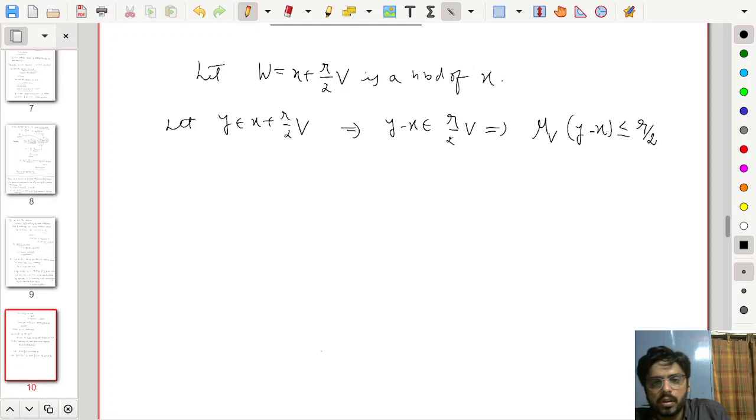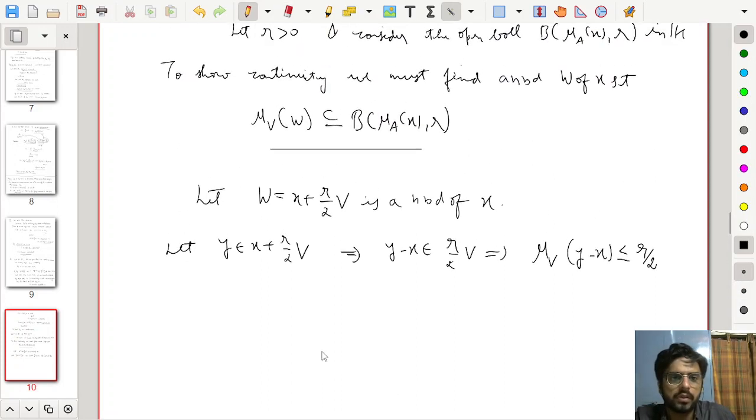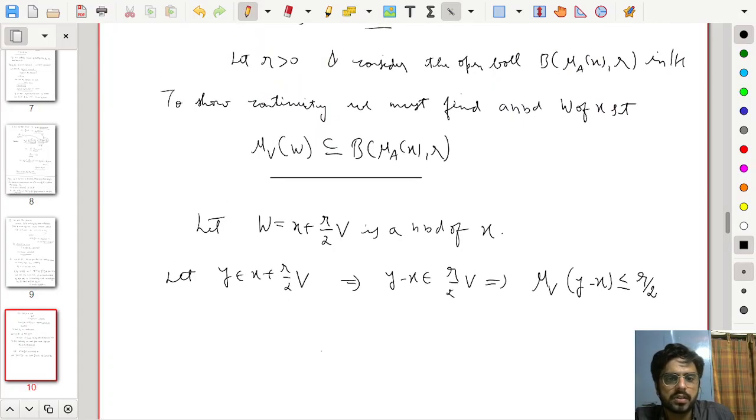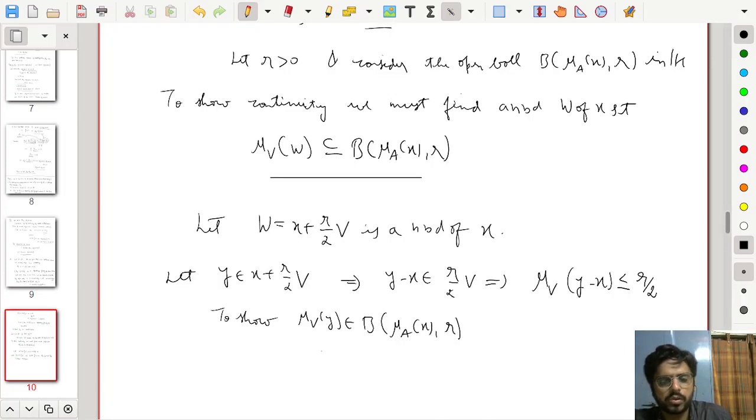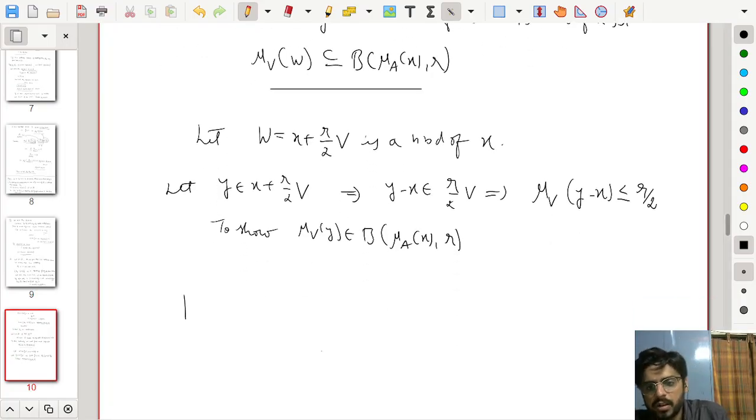Now, to show that mu V of y belongs to this ball B of mu V of x comma r, let us estimate mu V of y minus mu V of x.